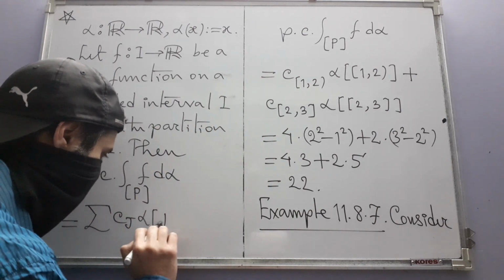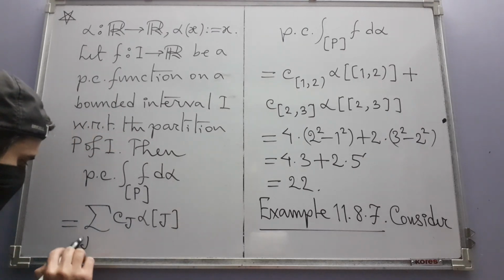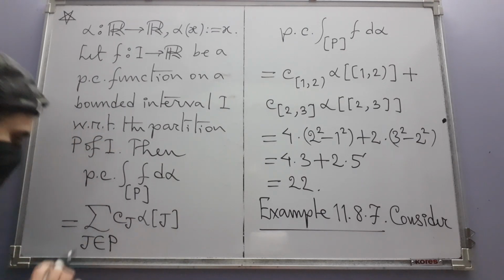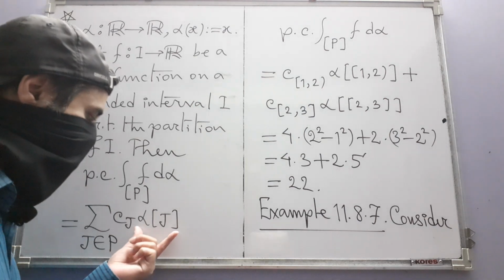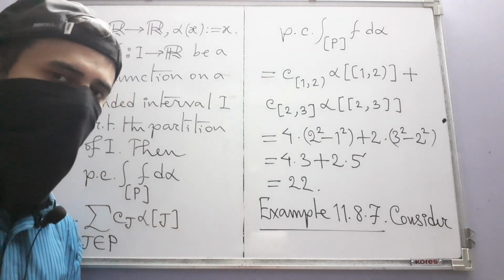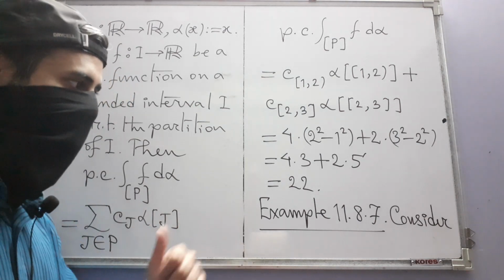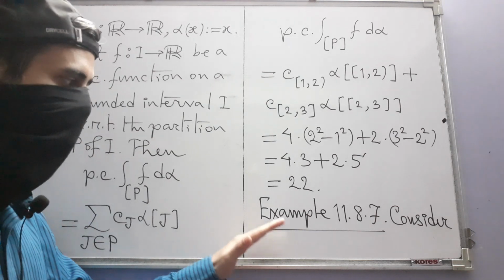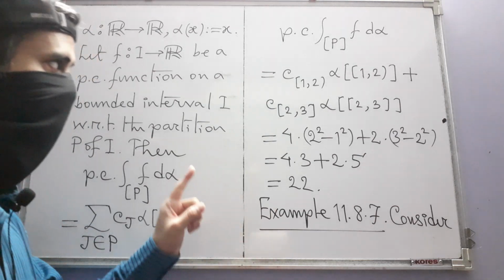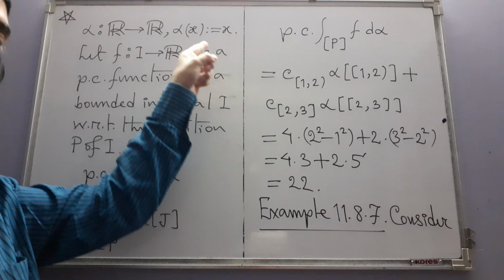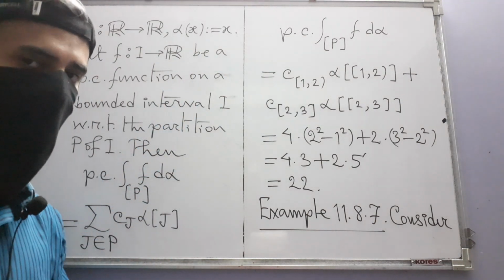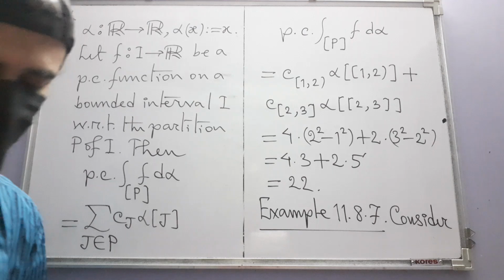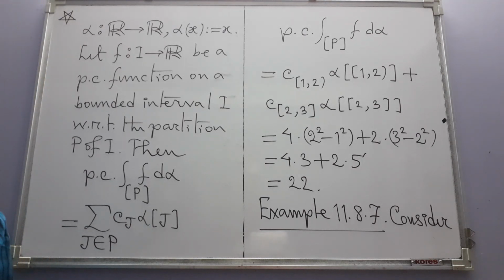Times the alpha length of j as j varies over P. But do you remember that after defining the notion of alpha length itself, we also saw one example where we recognized the fact that when alpha is this function, is the identity function, then alpha length turns into ordinary length. They are the same in that special case.